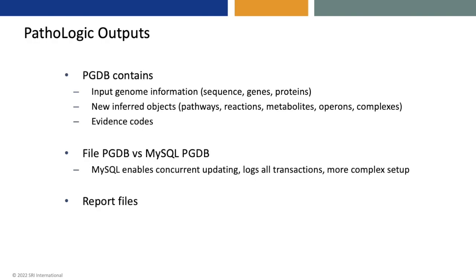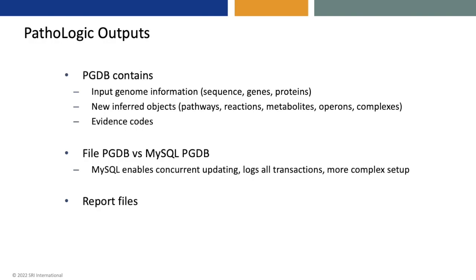Now, what are the outputs of the PathoLogic software? It creates a new Pathway Genome Database that contains the input genome information, namely the sequence, the genes, and the proteins predicted as part of the genome annotation, and it contains new inferred objects, namely pathways, reactions, metabolites, operons, and protein complexes.